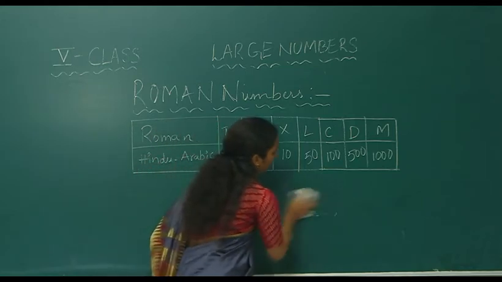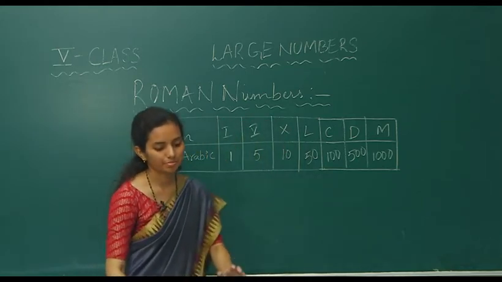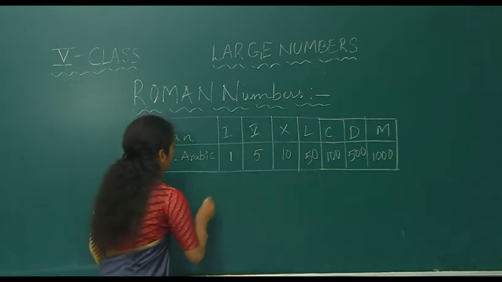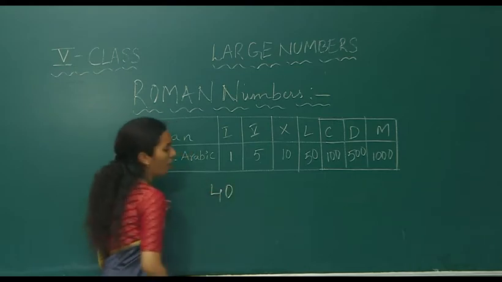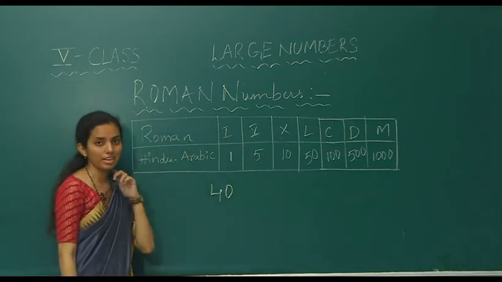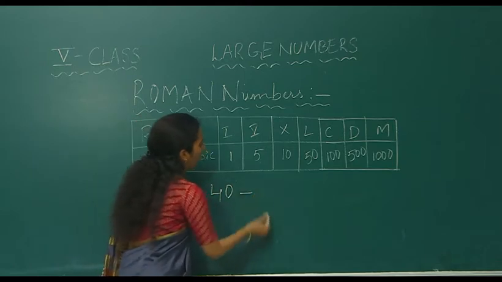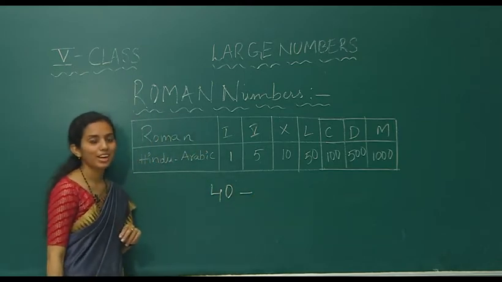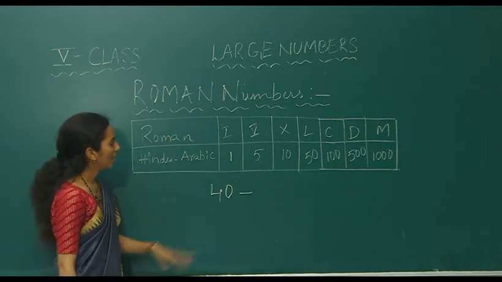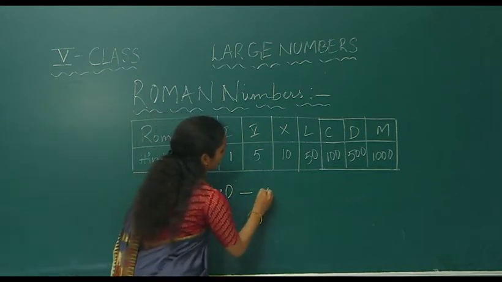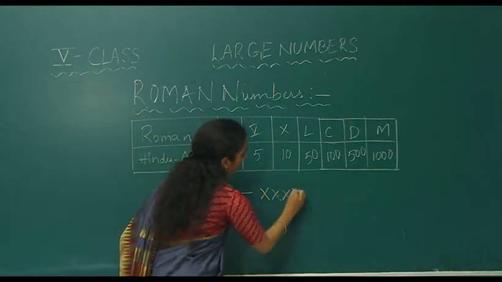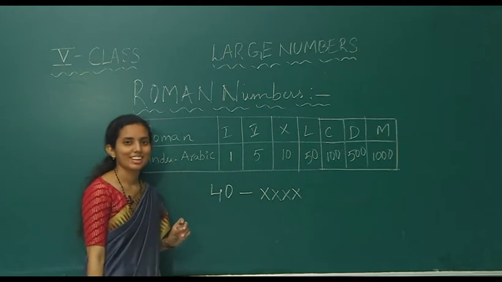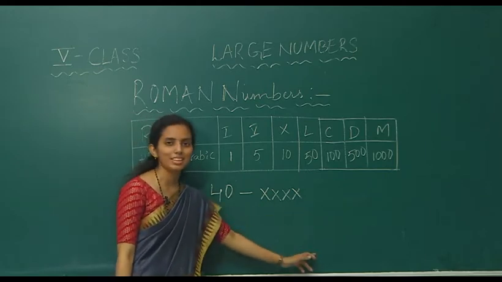And coming to the next example. The next example is 40. How do we represent 40? What is your idea? How can we represent 40? You may want to represent it as 10 plus 10 plus 10 plus 10?